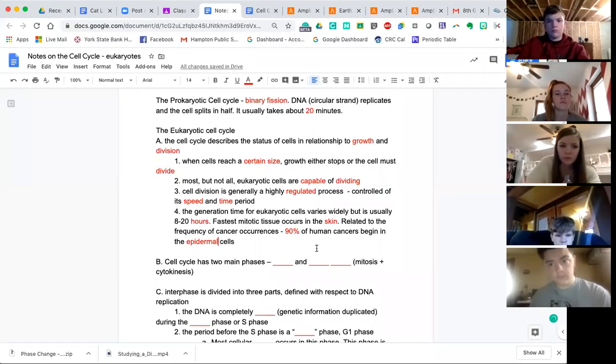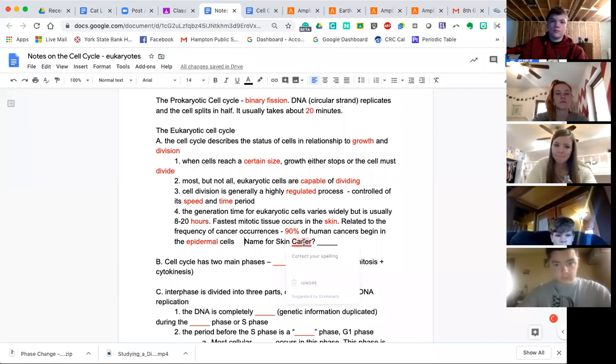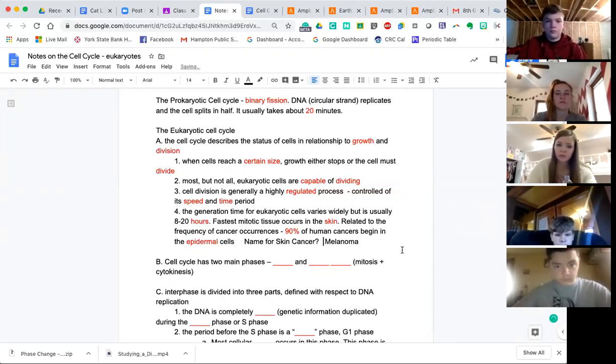Skin cancer. Who knows the name for skin cancer? Anybody? Is it melanoma? Non-melanoma? Whatever. That can certainly be a type.